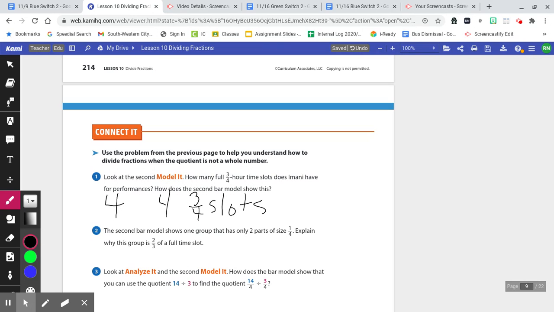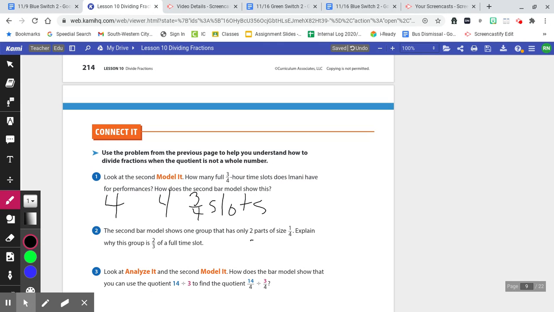Number 2, the second bar model shows one group that has only 2 parts of a size 1/4. Explain why this group is 2/3 of a time slot. That's probably the hardest thing to understand, why we end up with 2/3 and not 2/4, because I broke these into fourths.